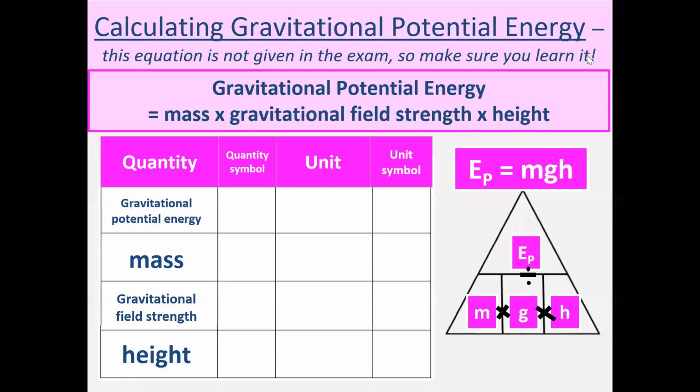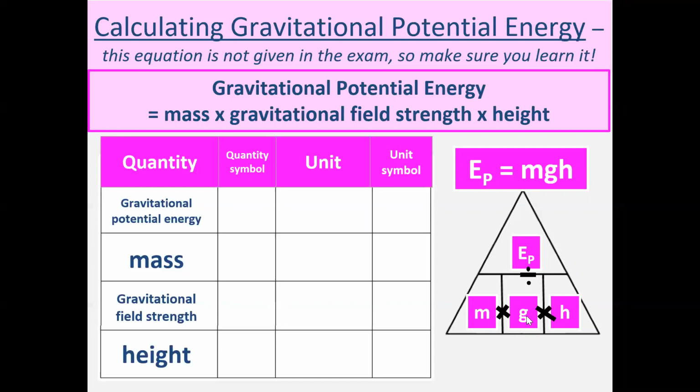Now, when you use a formula triangle, remember that that top line means divide, and that these bottom quantities are multiplied. So you can see these dividing lines mean multiply. So if you wanted to find gravitational potential energy, it would be very simple. You would cover up gravitational potential energy, and that would leave you with mass times gravitational field strength times height.